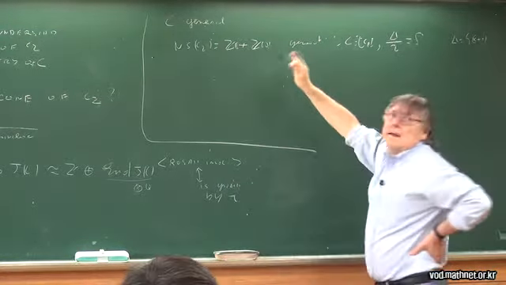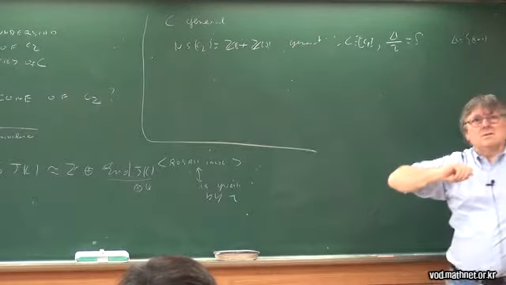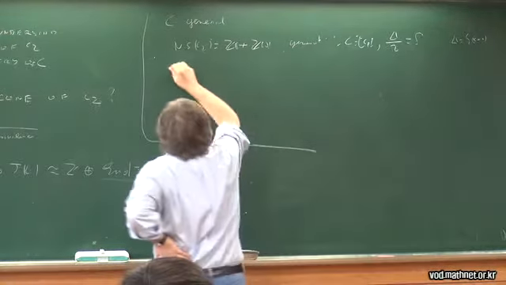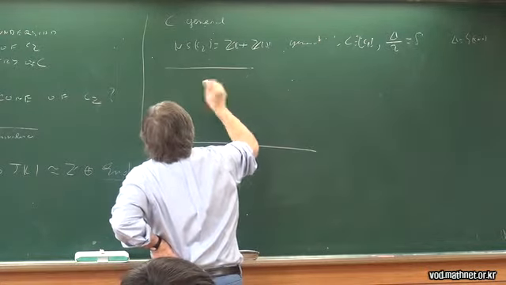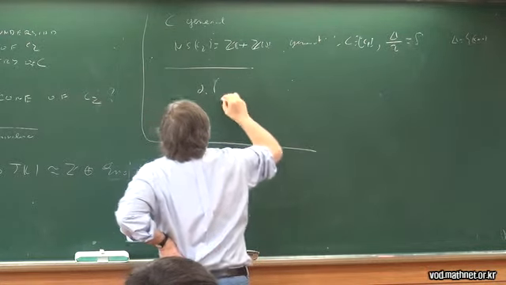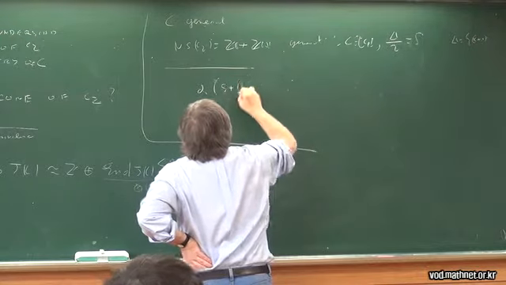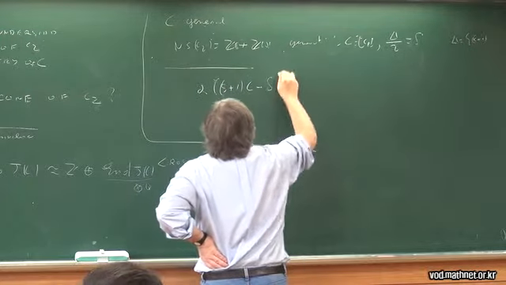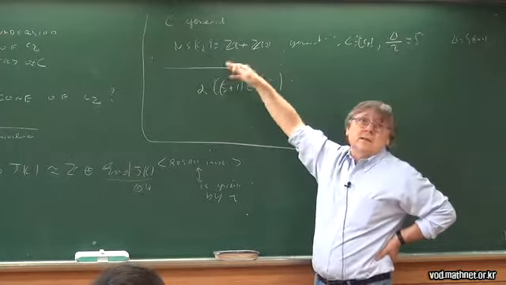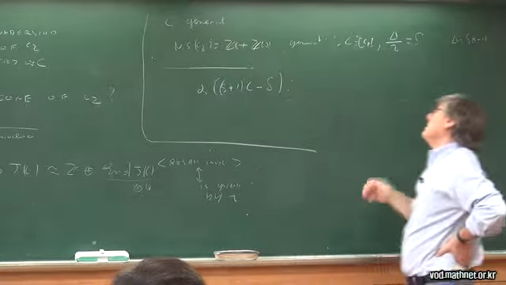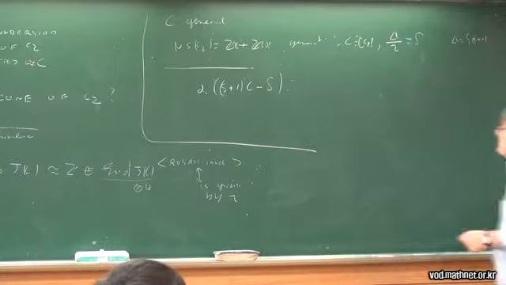But also here the ample cone is not known. So take a class like this. I just write a general combination, but I take minus delta here.